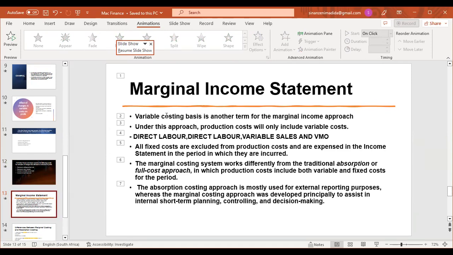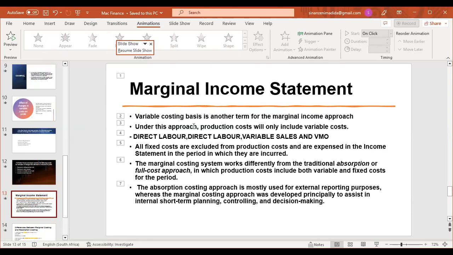Okay, what is a marginal income statement? A marginal income statement is a variable costing basis, another term for the marginal income approach. You are going to be meeting these two terms. It can be called variable costing or marginal costing. It's just one and the same income statement.